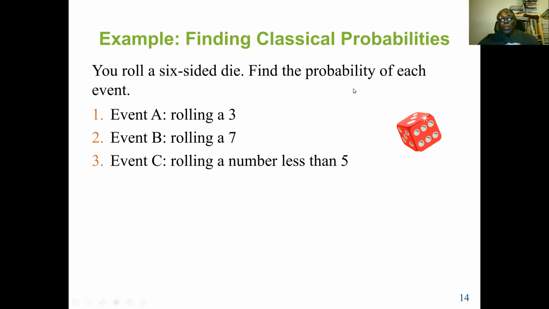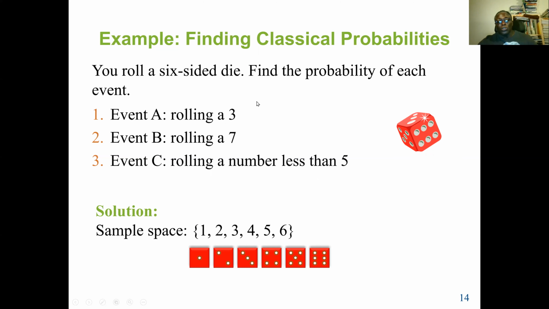To find the probability of each event, rolling a 3 means I have a die with 6 possible sides, and only one 3, so it will be 1 over 6. Event B is rolling a 7. We have from 1 to 6, so rolling a 7 is impossible.